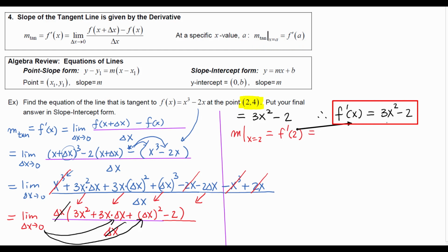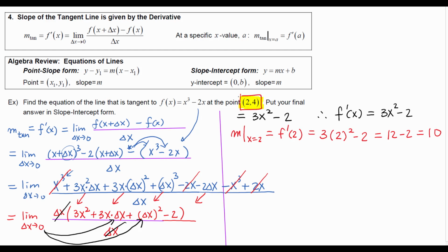So plug 2 into the f prime function that you found. That will be 3 times 2 squared minus 2, where 2 squared is 4, 4 times 3 is 12, minus 2 is 10. So the slope is 10, and I have a point 2, 4 here.